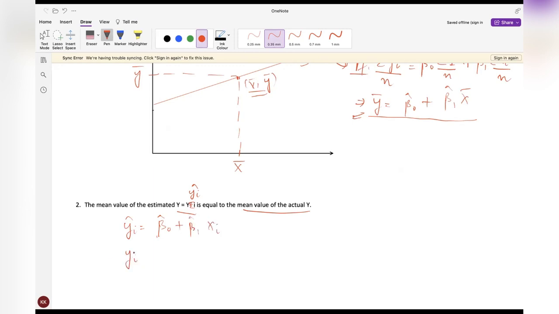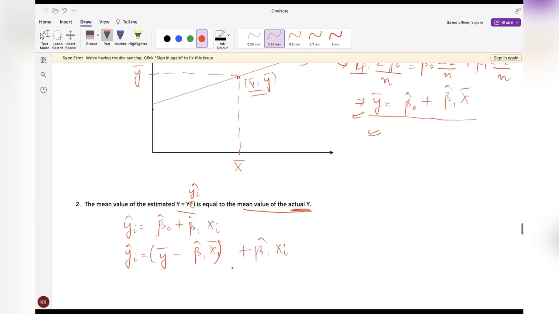We need a comparison between actual and estimated value. So how can we introduce the actual value? With the help of beta naught hat, so substitute its value, which is y bar minus beta 1 hat x bar, plus beta 1 hat into xi, right?